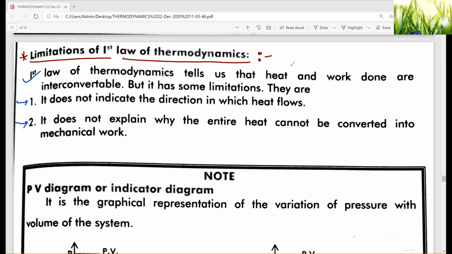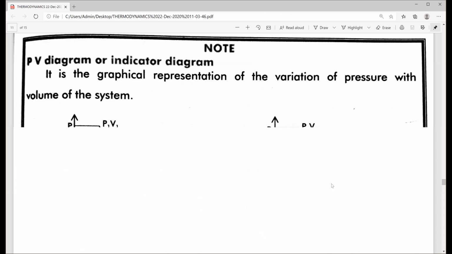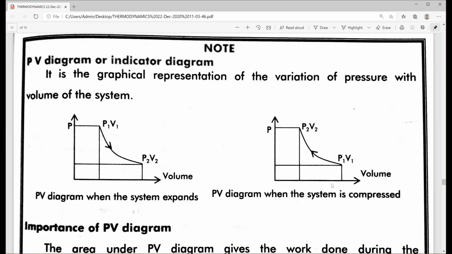And here, PV diagram or indicator diagram. So here, PV diagram, or you can call this one the indicator diagram.